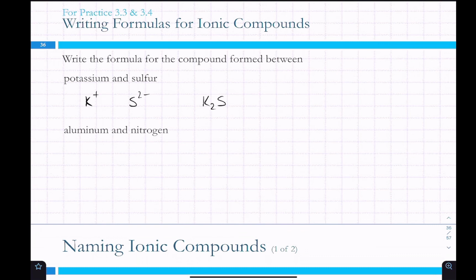So if we want to do this using the crisscross method, you take the magnitude of the charge of the positive ion, so it'll be a 1, and then the magnitude of the charge on the anion, which would be a 2, and then you swap those and use them as the subscripts for the opposite ion. So sulfur would be a 1, and potassium would be a 2, and if there's a 1, we leave the 1 off.